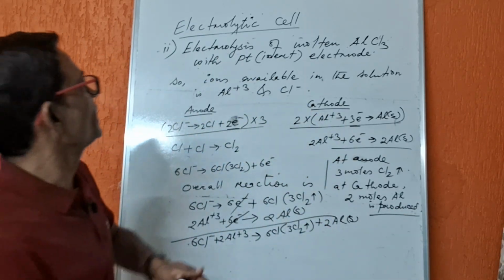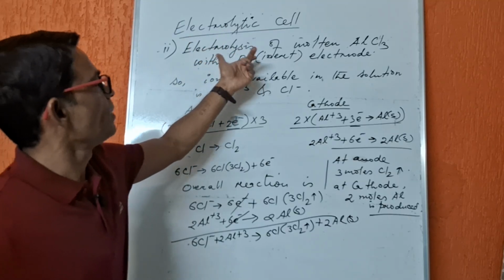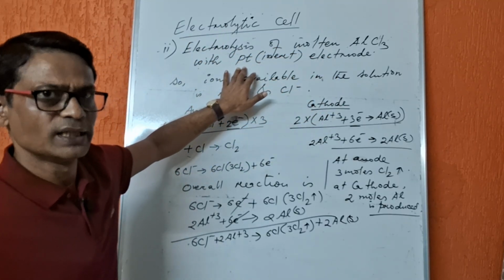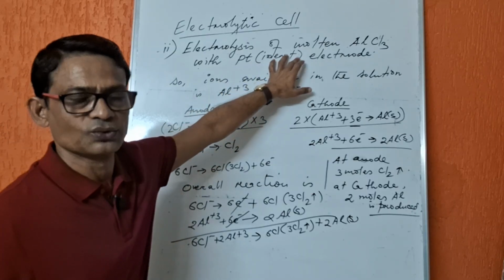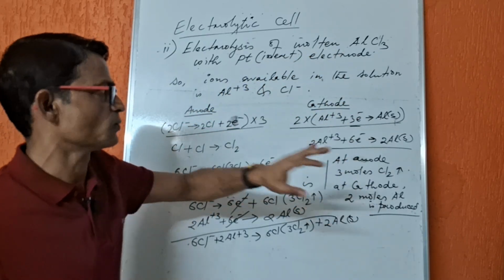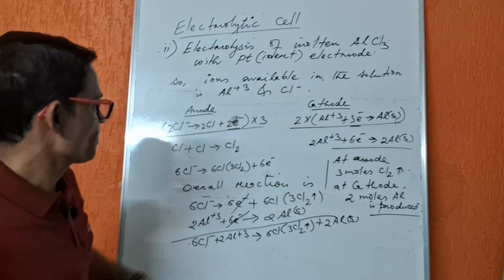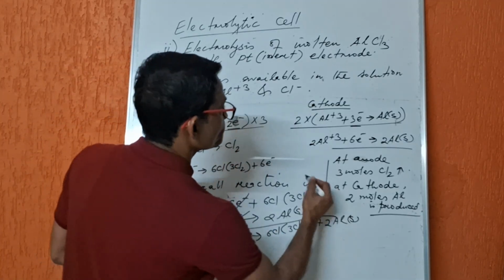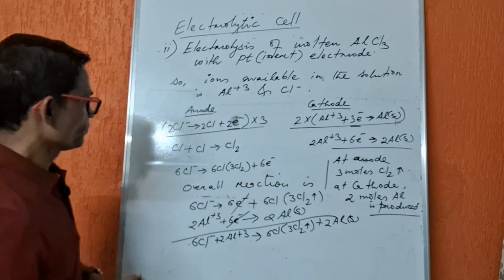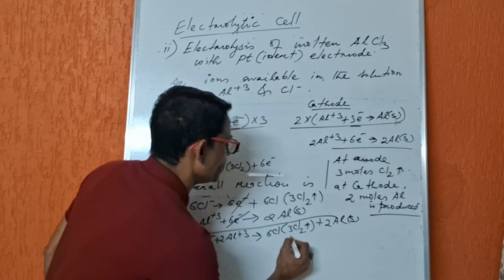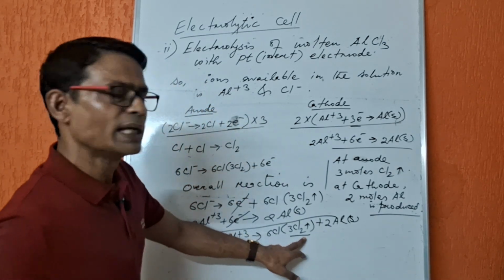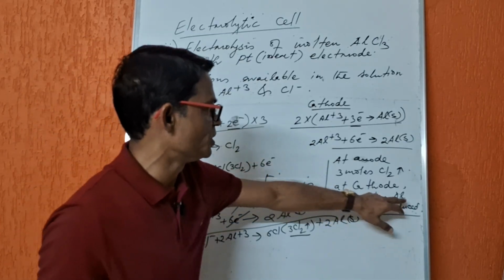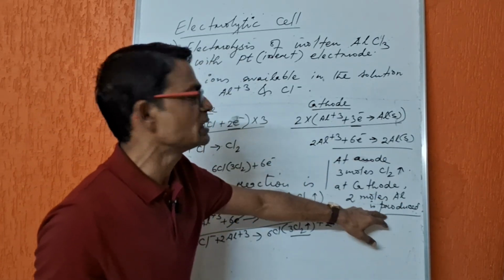So when electrolysis of molten aluminum chloride takes place with inert electrodes, 3 moles of Cl2 is produced at the anode and 2 moles of aluminium is produced at the cathode.